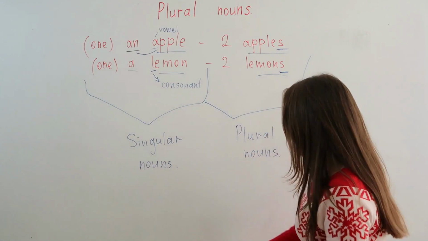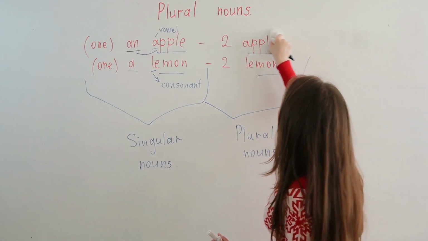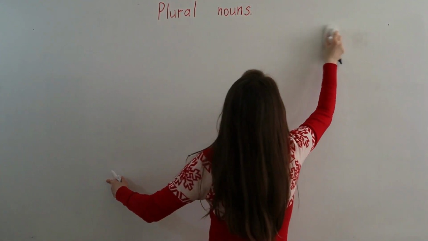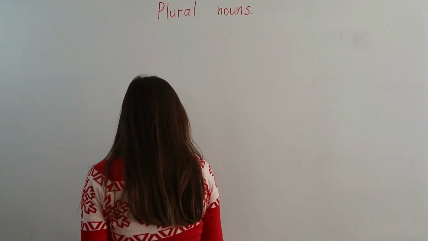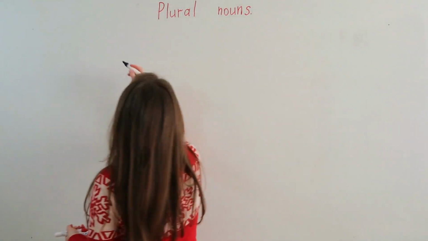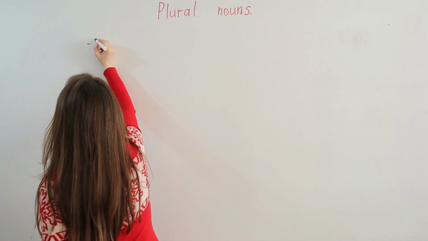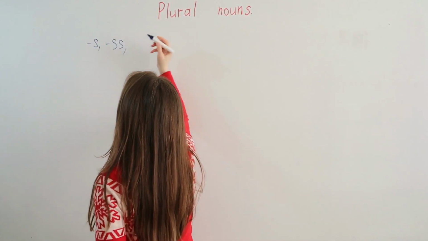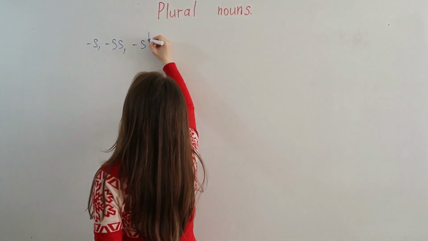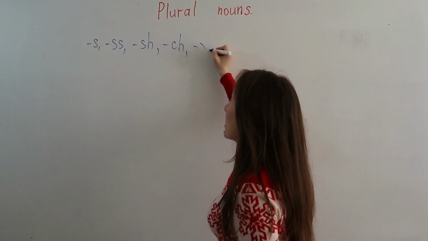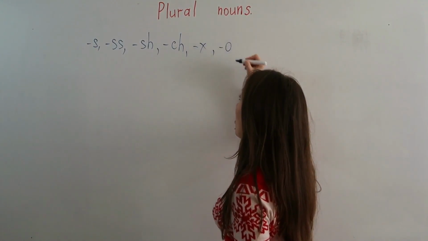Now I'm going to talk about some other rules, how we can make the plural form of the nouns. Are you with me? Yes. Sometimes we can have different nouns. For example, the noun can end with letters like s or double s or sh or ch, x or o.